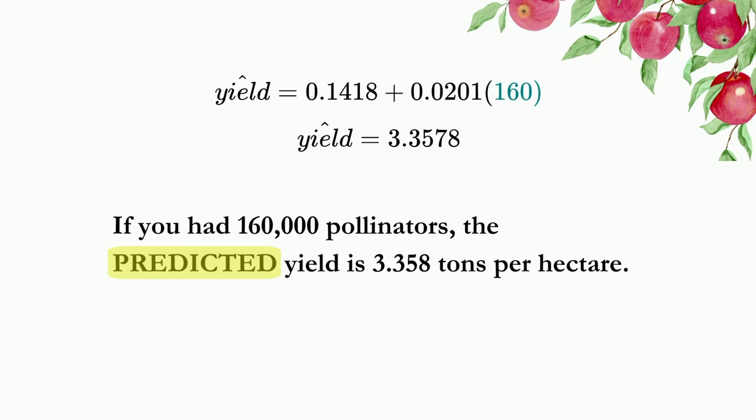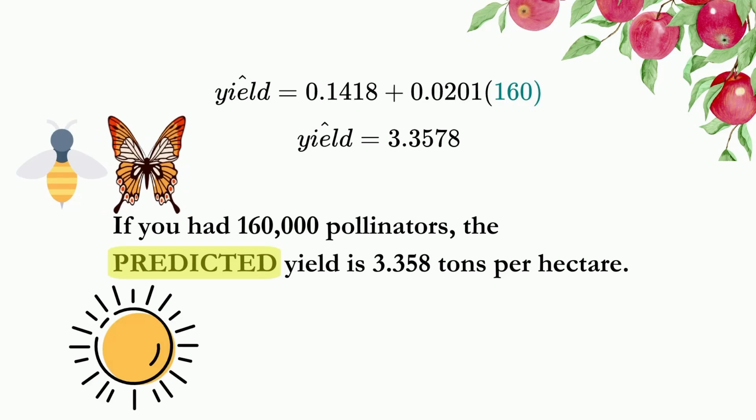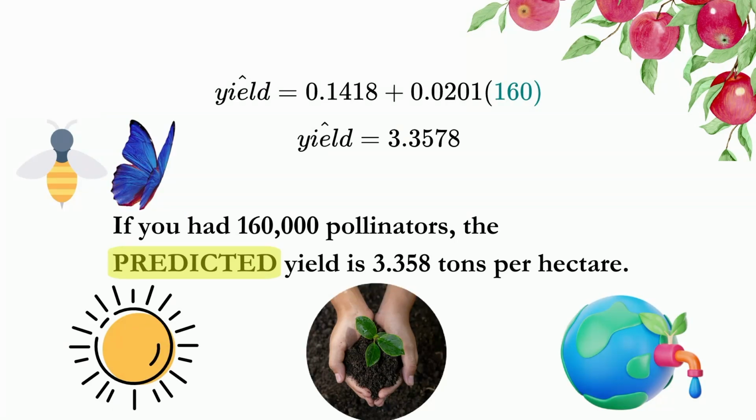We don't know what the yield will be, and other factors than the number of pollinators have positive relationships with crop yields, such as weather, soil health, water, and so on. The LSRL is a tool for prediction. It's a vital tool in our analysis, allowing us to see the overall trend in the data.